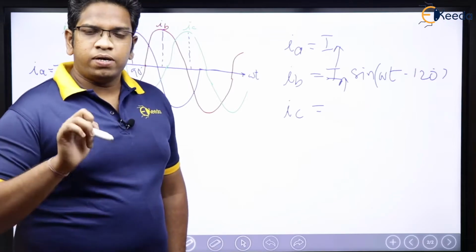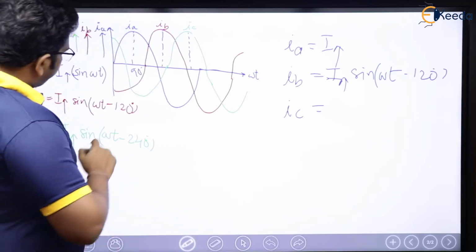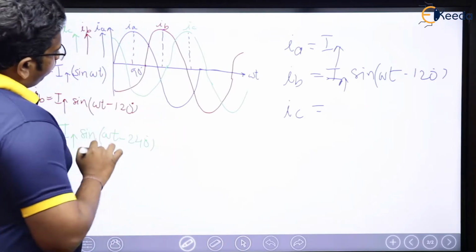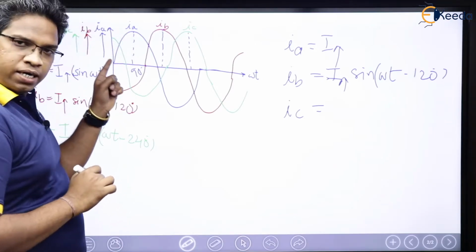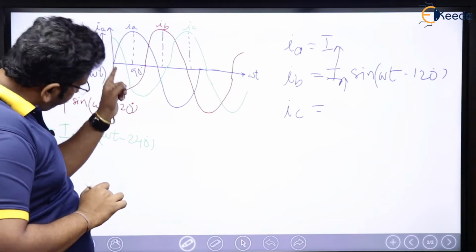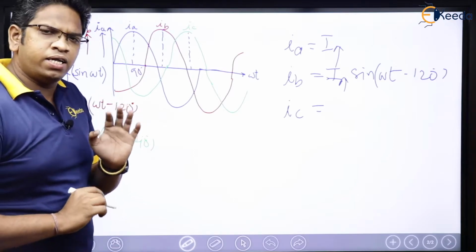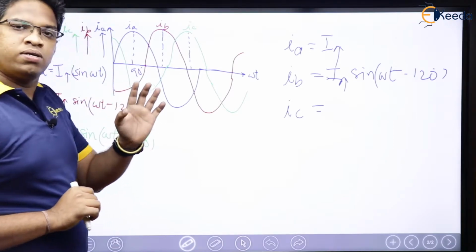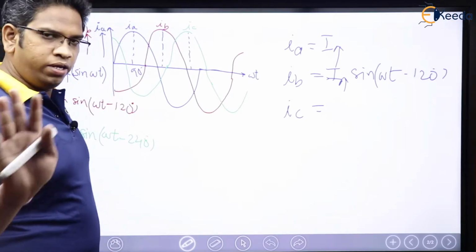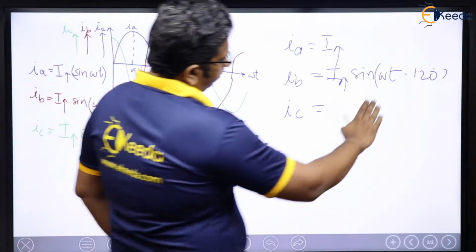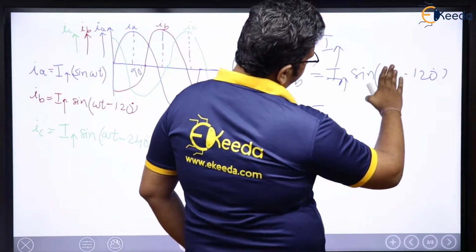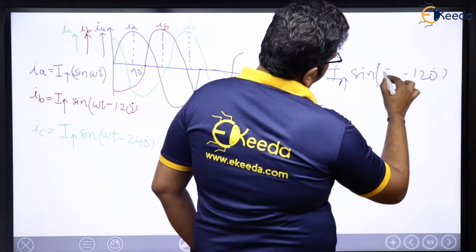Now here, let me replace omega t by 90 degrees, because when IA is maximum at 90 degrees, we need to find the value of IB and IC, and then we will use the same for IB and IC also. Don't worry, chill. So let me replace omega t by 90 degrees.